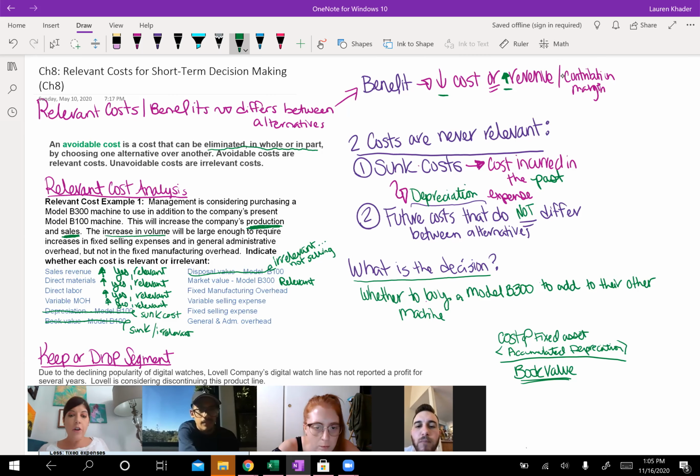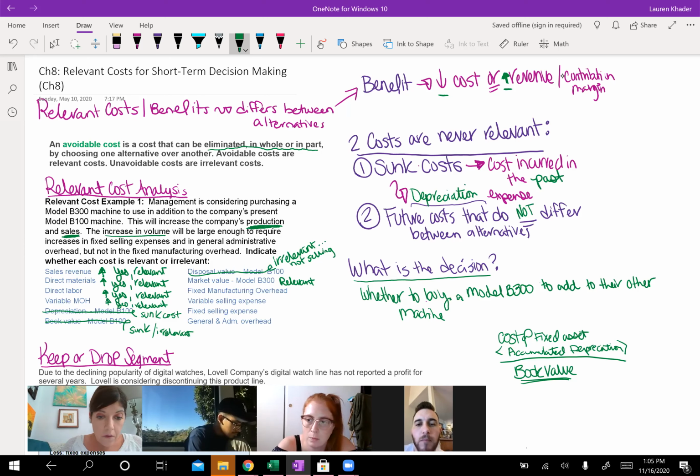Fixed manufacturing overhead. Irrelevant, yeah. There's no change to fixed manufacturing overhead. And it says it right here.